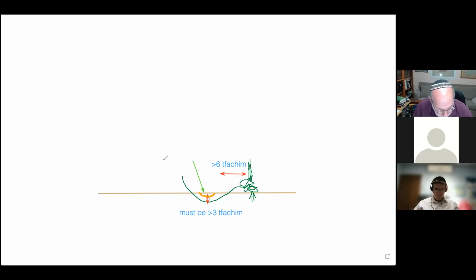I'm going to draw another piece over here. This is the akuva. So let's say we've got the ground over here, and the vine comes out of the ground, and let's say it comes out not quite so straight, but then it straightens up like that. So that over there is called the akuva.